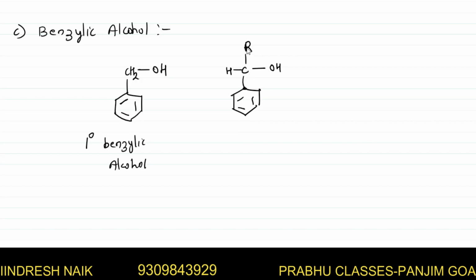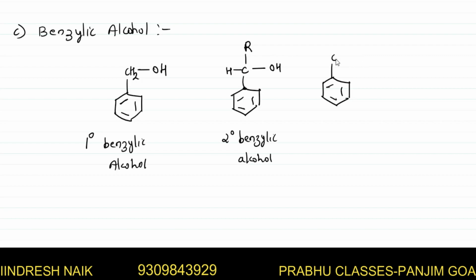One is this carbon, another is this carbon. Means it will be a methyl group. So this is secondary benzylic alcohol, and this is not a phenol. It is not coming under the category of phenol. It is still an alcohol only. It will show the chemical properties of the alcohol only.